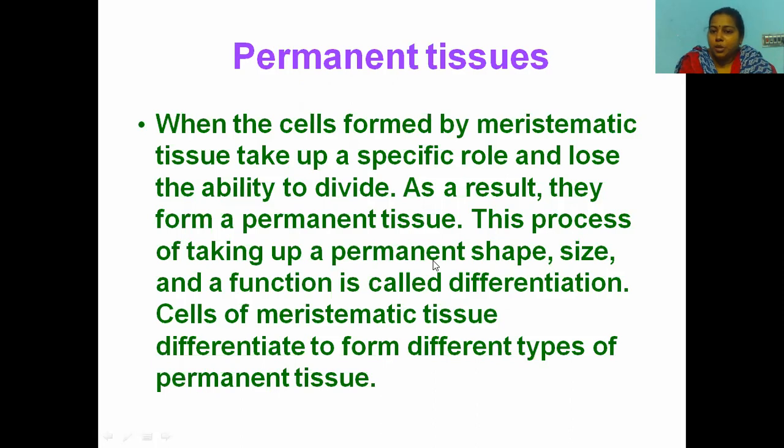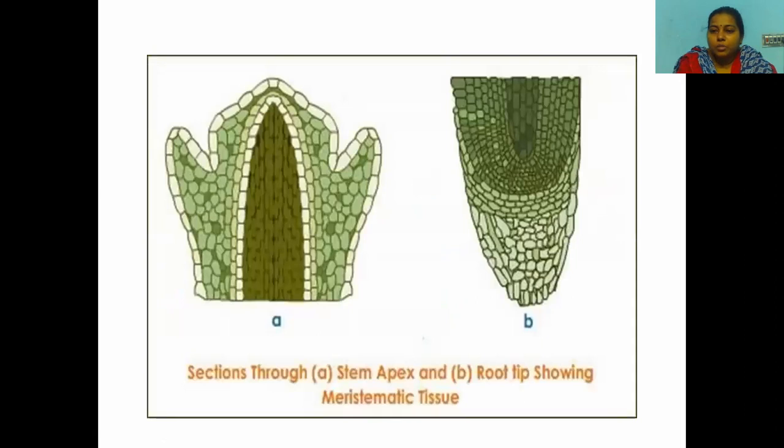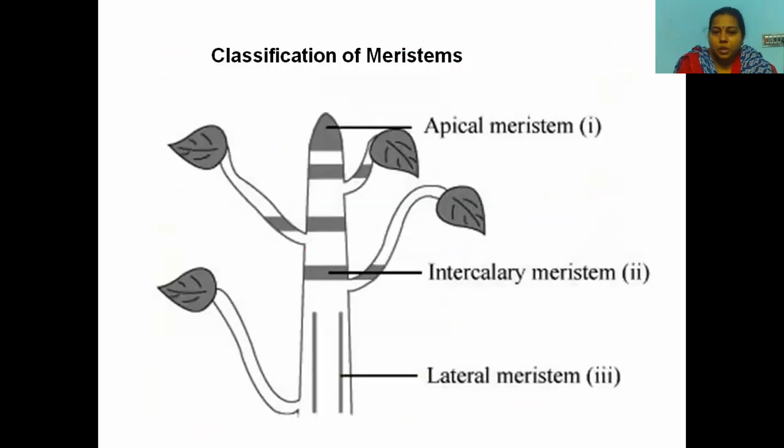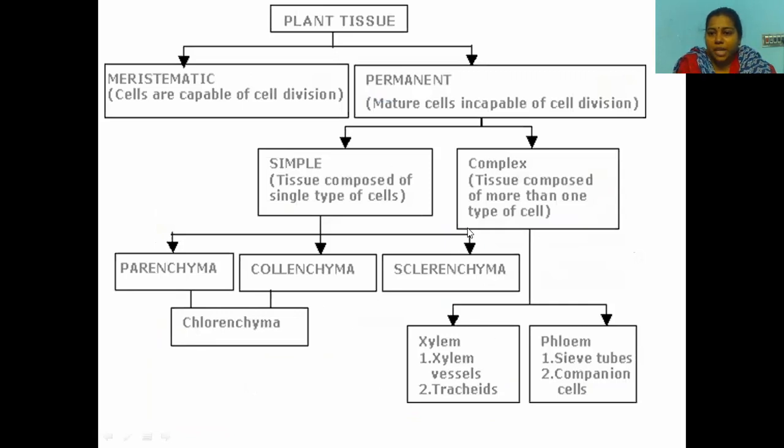First of all, you all should practice this mind map, children. Different plant tissues, this mind map everybody should practice. If you are aware of this mind map, you can easily write the points on your own.